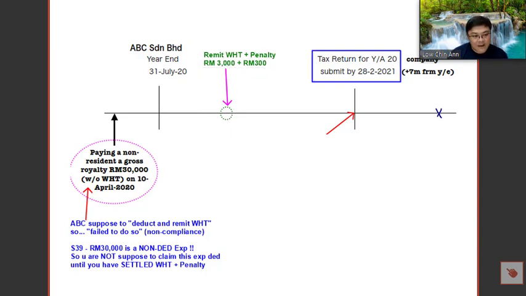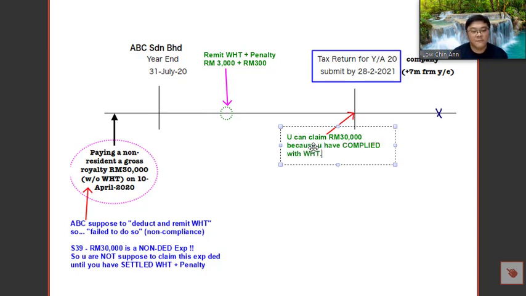Once you settle it, you don't have a problem anymore. Then at the point of submission, you can claim the 30,000 because you have complied with the withholding tax. You've complied, so you can claim, no problem.